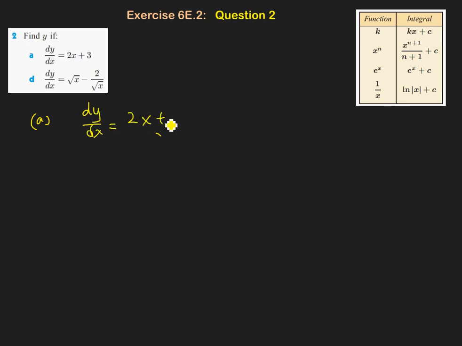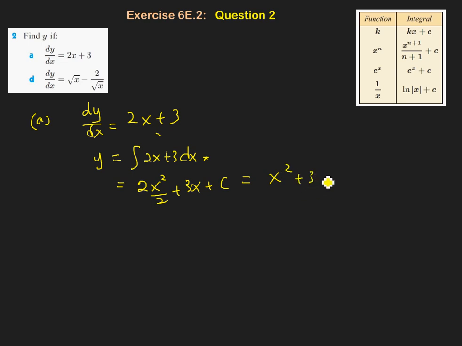That means y is the integral of this expression, and so this would be 2x squared over 2 plus 3x. Do not forget the c, and there you have it: x squared plus 3x plus c.